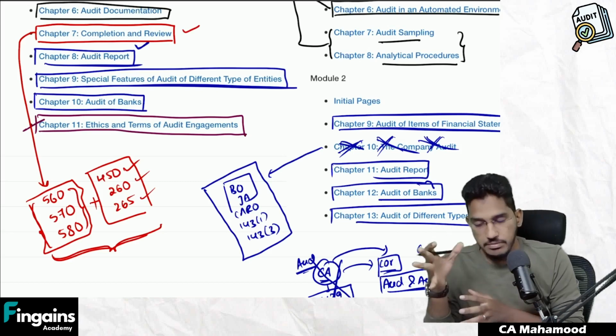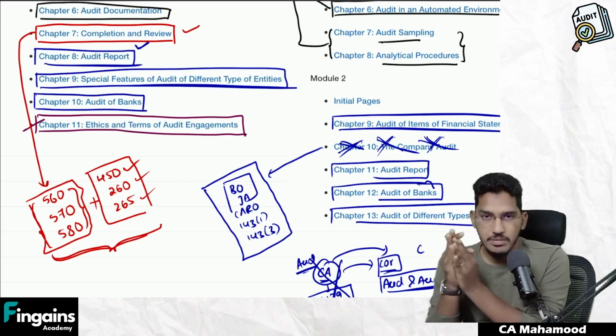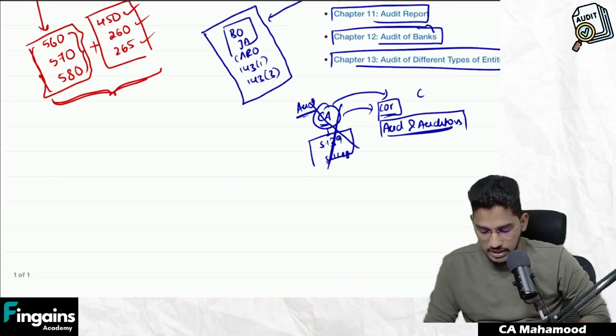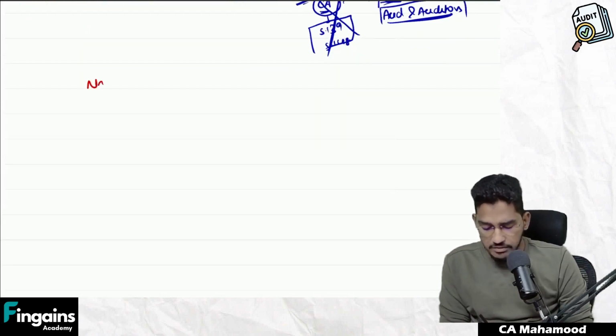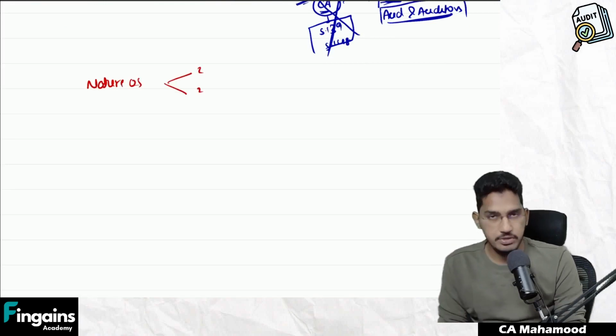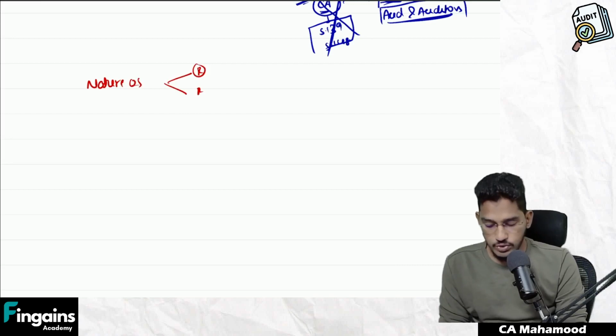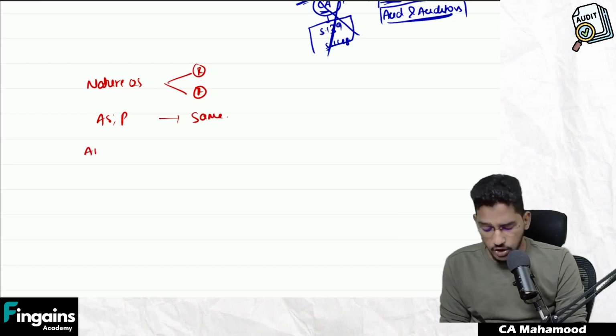So if I give you a summary, what are the changes between the old scheme and the existing scheme? Very simple. Earlier we used to have nature, objective and scope of audit. This was divided into two chapters. Then audit strategy, planning and program remains the same. Audit documentation and audit evidence, we used to have as one single chapter under the old scheme. Now it has been divided: audit documentation is a separate chapter.